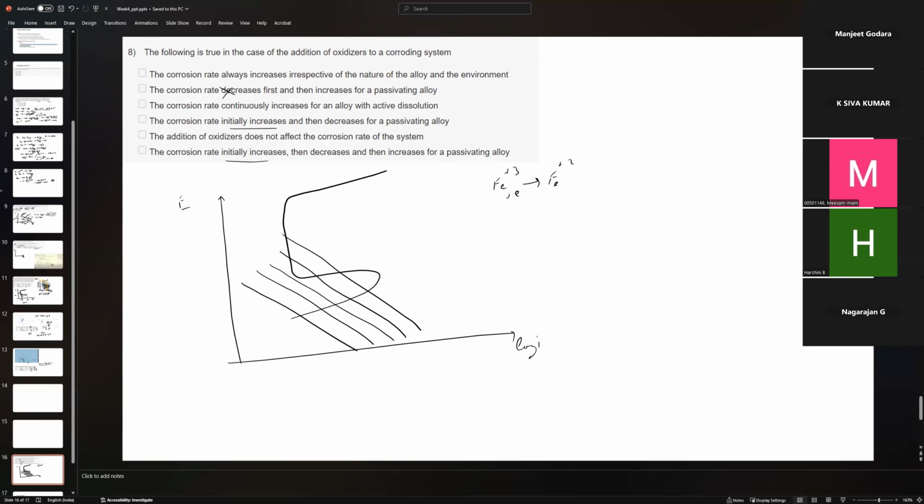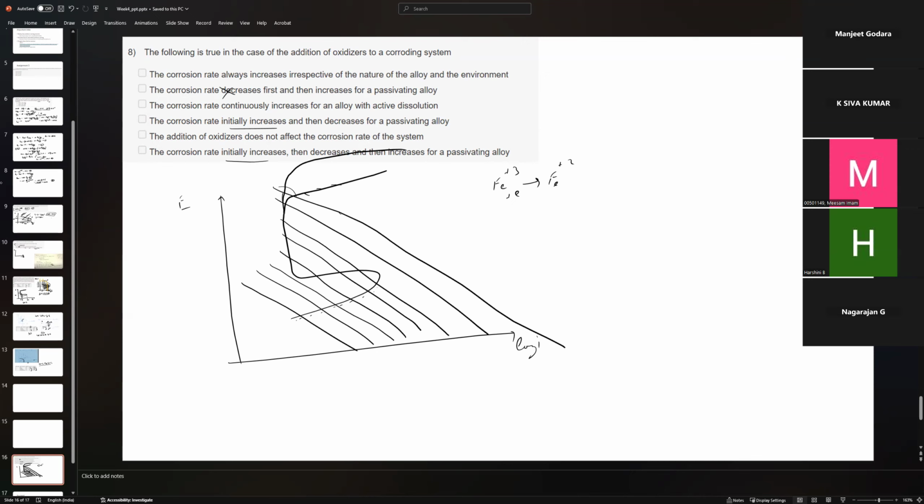Now if we go even further than this, till this point we'll see it will increase, since we are in the active region, right? Here we would see the passive formation. If it was a little bit like this, we'll increase it further.